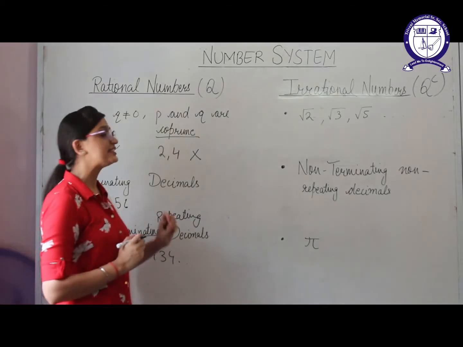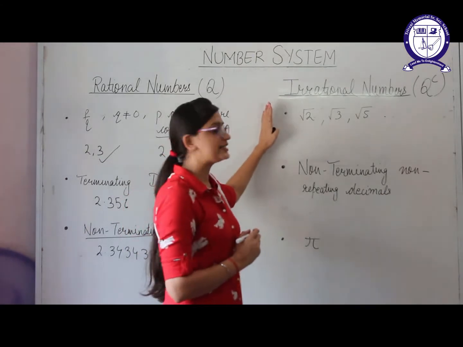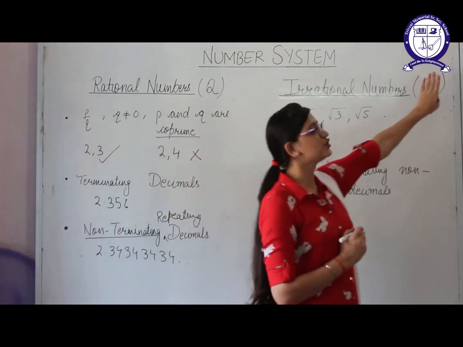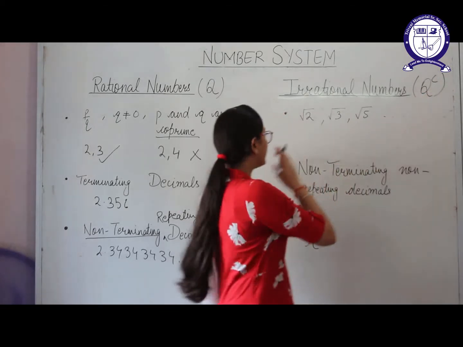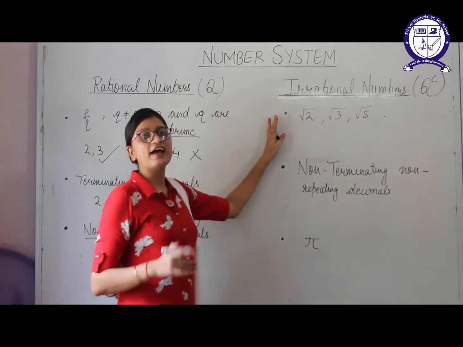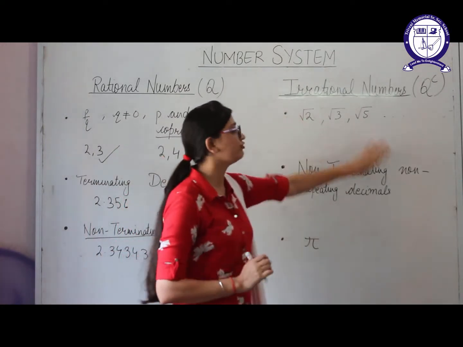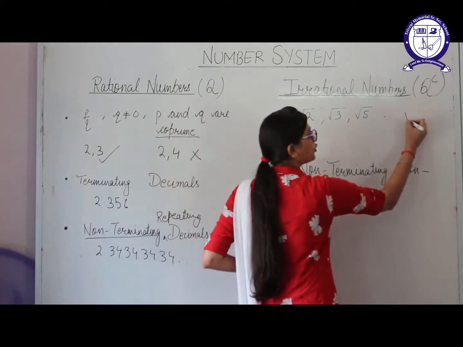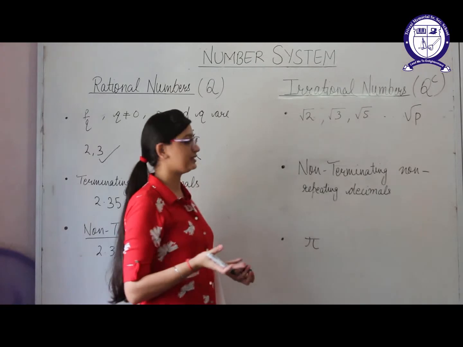Another set that is separate from rational numbers is irrational numbers, and it is denoted by QC. Here C means complement, that is different from rational numbers. These again have three forms. First one is root 2, root 3, root 5. So basically the form root p, where p can be any positive integer.